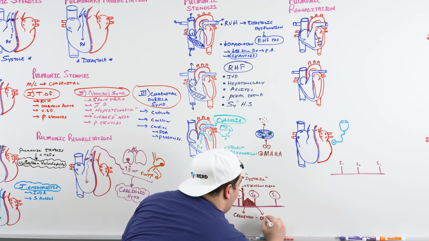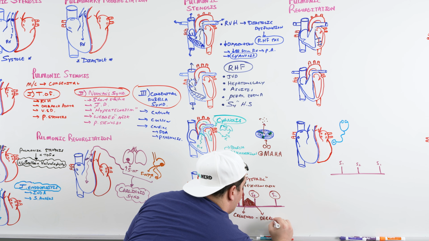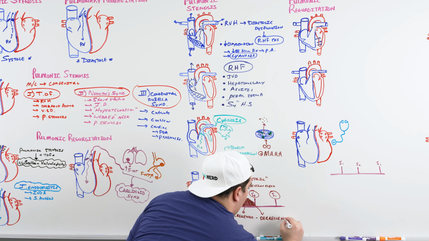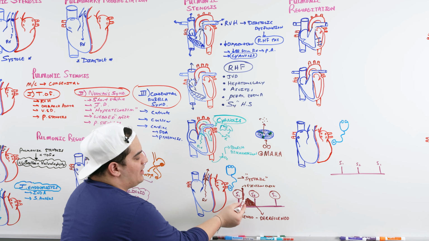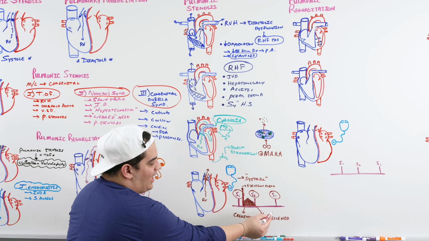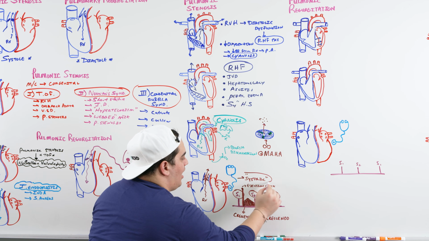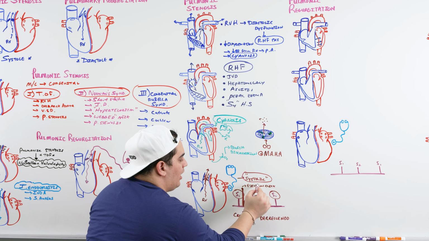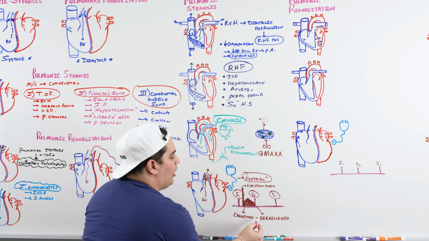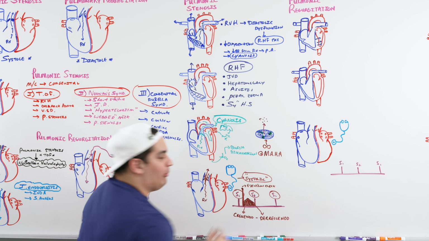And that is called a decrescendo. So decrescendo sound. That means the intensity of the sound is decreasing as less blood is flowing across that pulmonic valve. So in these patients, they have what's called a systolic ejection click followed by a crescendo-decrescendo murmur.